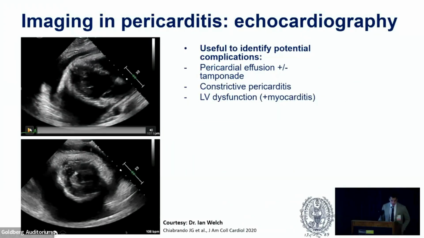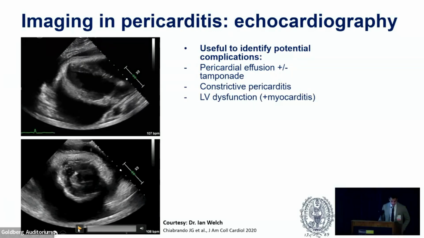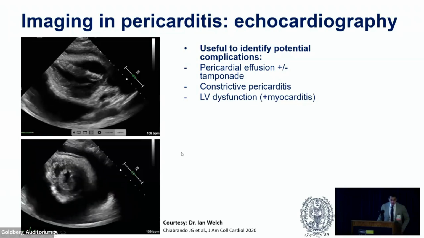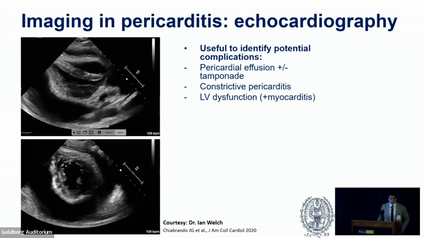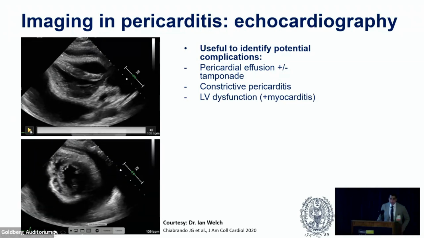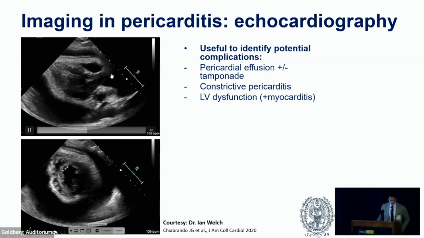These are images by our fellow, Dr. Ian Welch. This is his 4 a.m. echo on a patient with an autoimmune disease who actually came in with tamponade despite having really good control of her autoimmune disease. And we'll talk about how we can delineate autoimmune and autoinflammatory problems. But in brief, as you can see here in this echo, in this parasternal long axis view, that's the left ventricle here, and there's a large effusion.